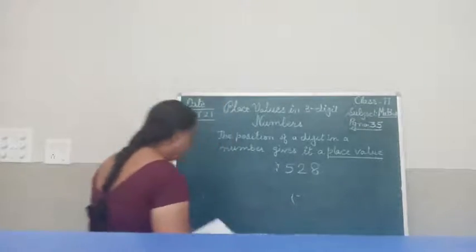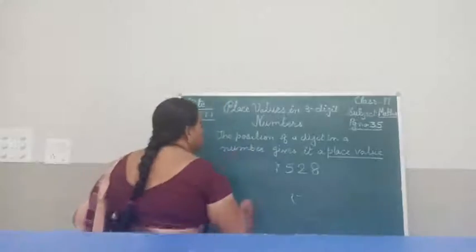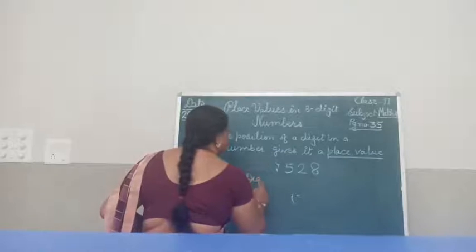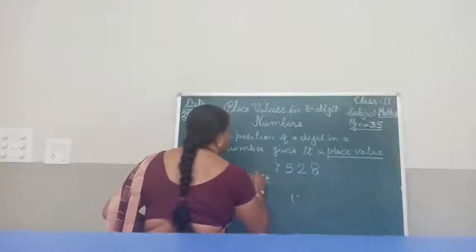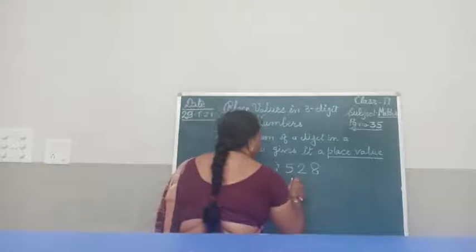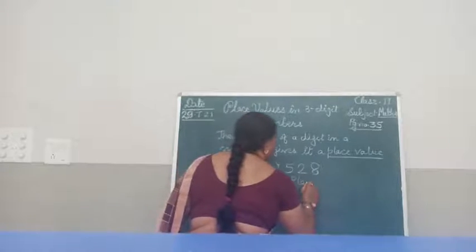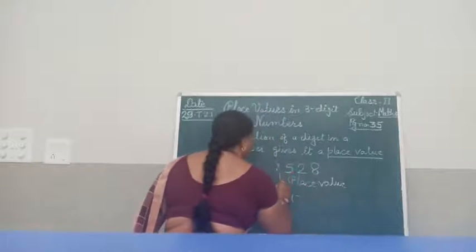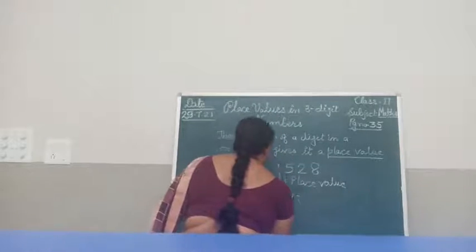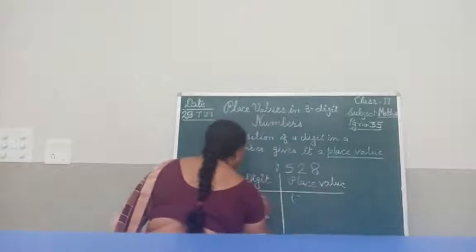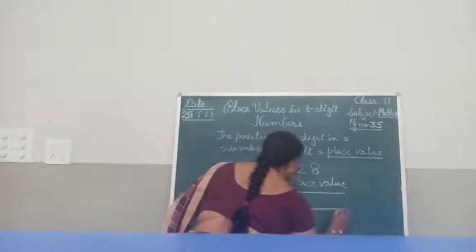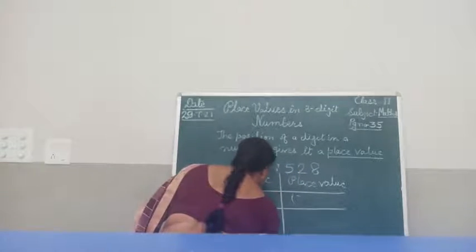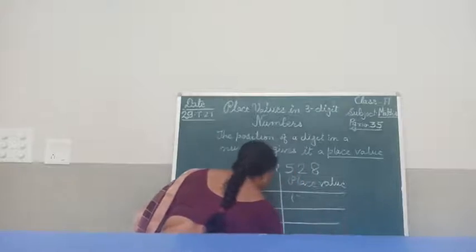Okay. Now how we will write digit and place value. Digit 5, digit 2, digit 8.